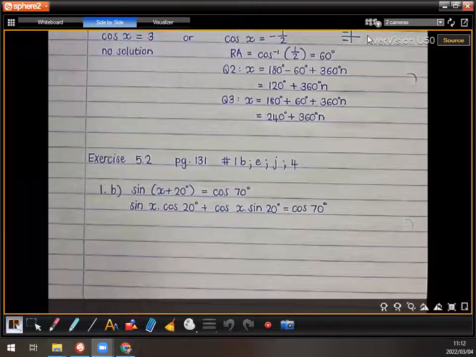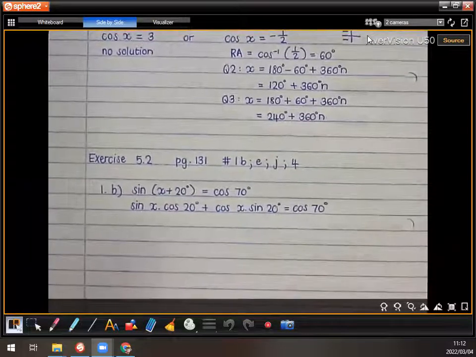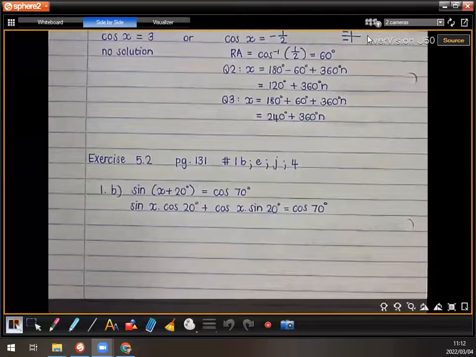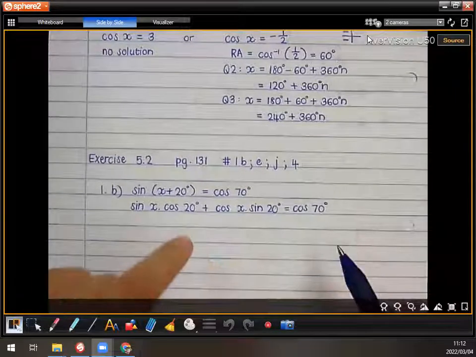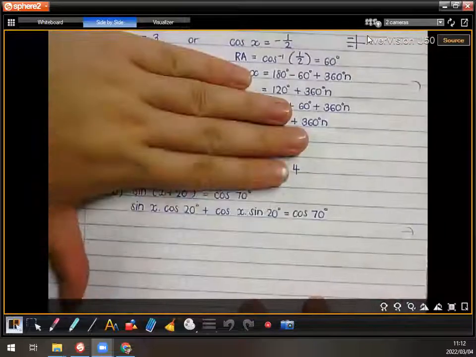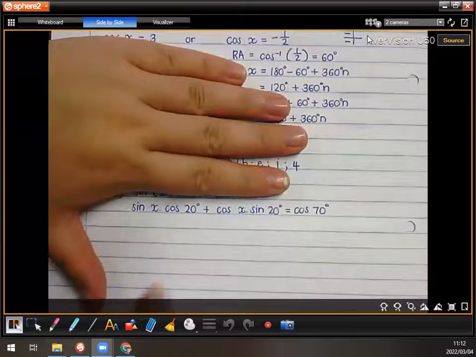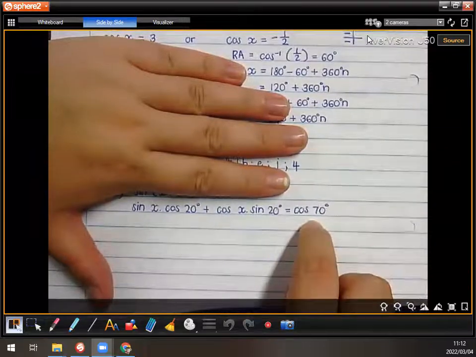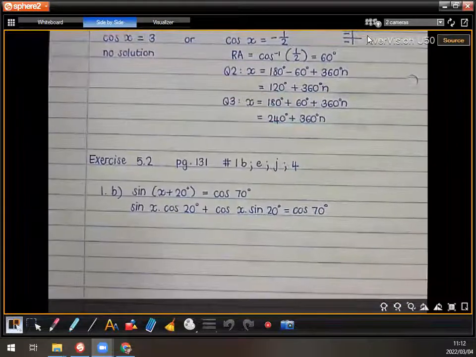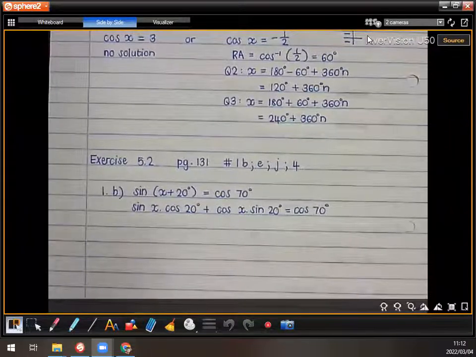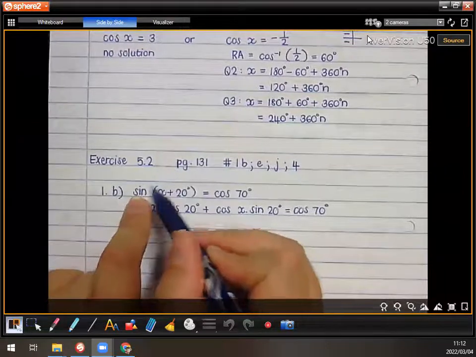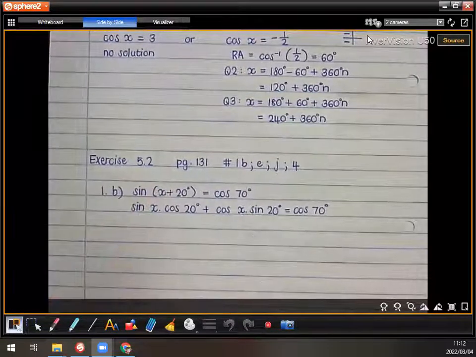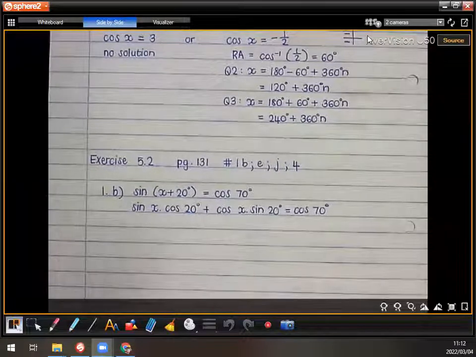And then you start. What can you do now? You're supposed to have a sine or a cos or a tan of an angle equal to something else. You're not supposed to have so many terms. So what could happen, guys, on Tuesday, they can give you this. That might be the question. They might give you the expansion of the compound angle identity, and you then need to put it together as the bracket instead. But you will never have to go from a sine or cos of a bracket and expand it. You won't get any marks.